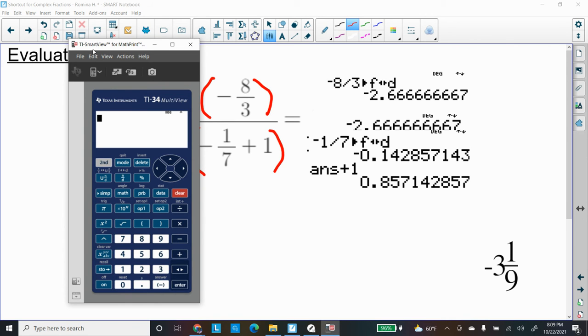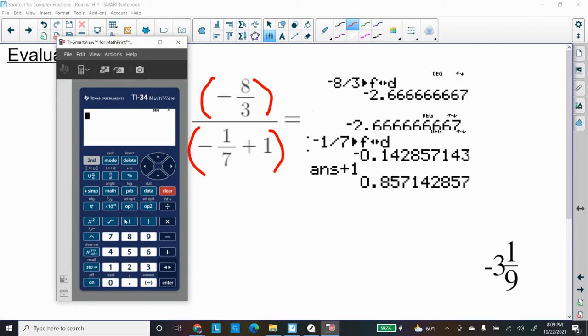My numerator, which is parenthesis, negative 8, ABC button, thirds, parenthesis. The fraction bar means divide, parenthesis again, negative 1, ABC button, seventh, and let's add 1 to that, plus 1, and parenthesis. So there's your numerator divided by your denominator.